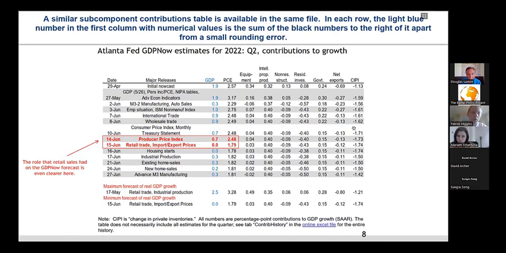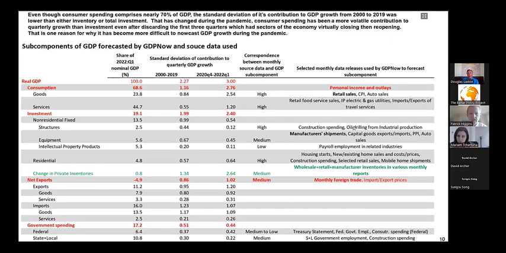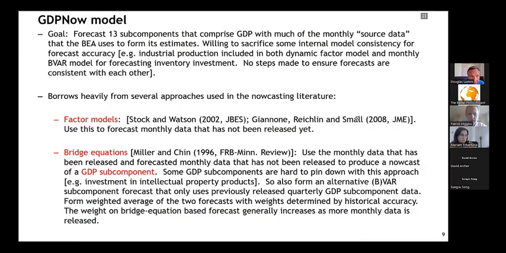So if you're aware of how the data releases themselves feed into the subcomponents, you can get a sense of why the GDPNow reacted the way that it did after this particular data release. This table here essentially has the subcomponents, and in the very right column is which data releases feed into that subcomponent. So any questions on that?